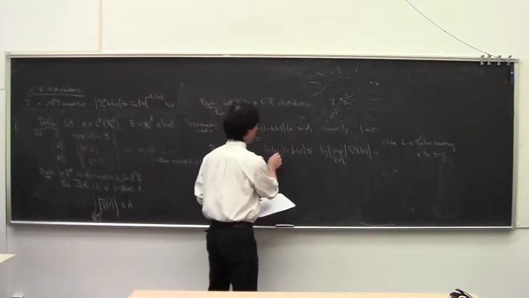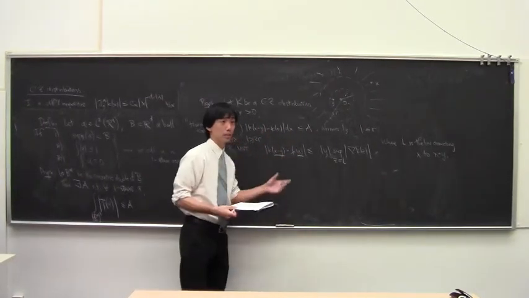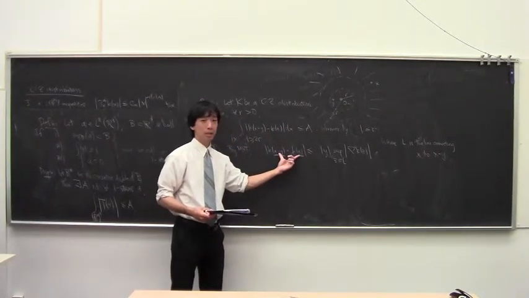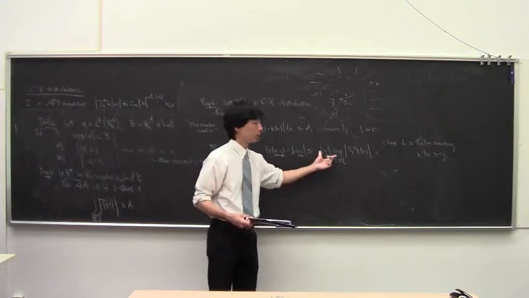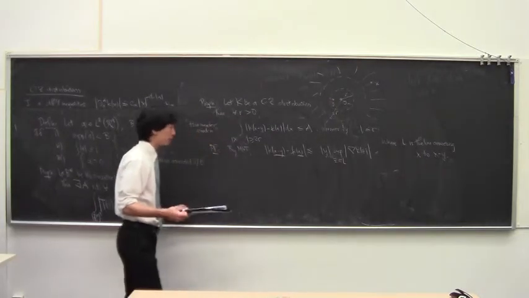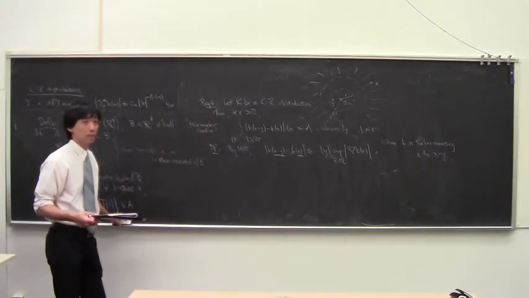You have these 2 points, you take the line connecting them, and then you have this control. That's the multi-dimensional mean value theorem.